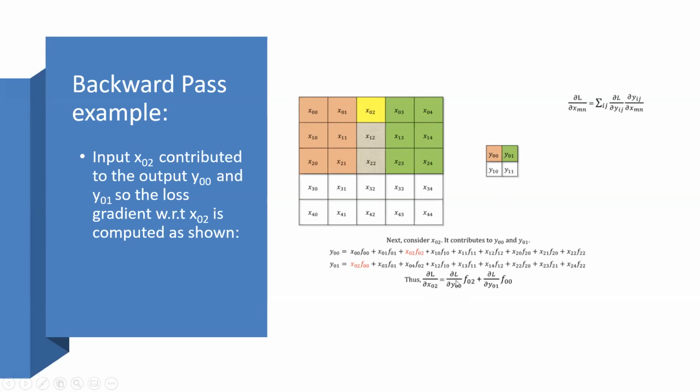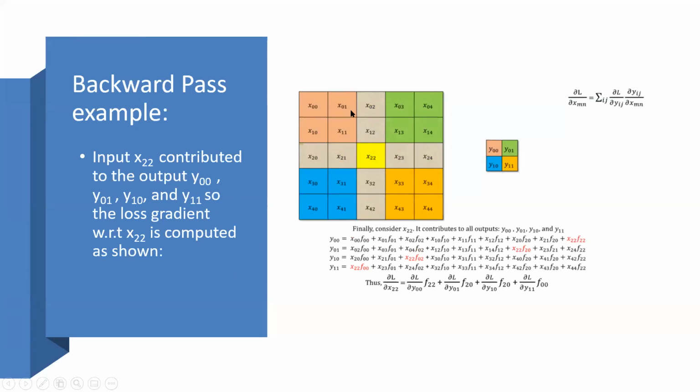That is going to be the loss gradient with respect to y00 times f02, which is what it contributed to, and then we're also going to multiply the loss gradient of y01 with f00, because that's the filter that convolved at that point to get that output.